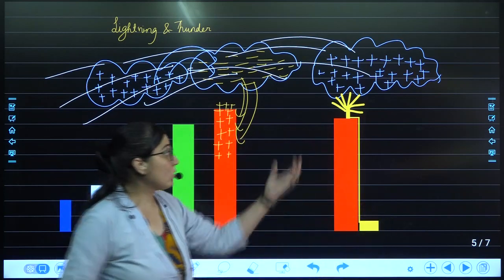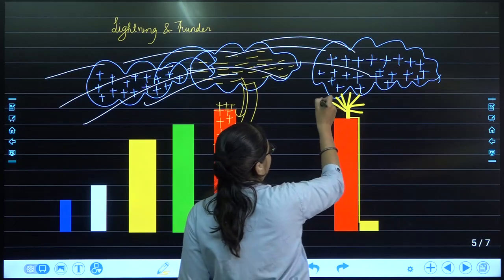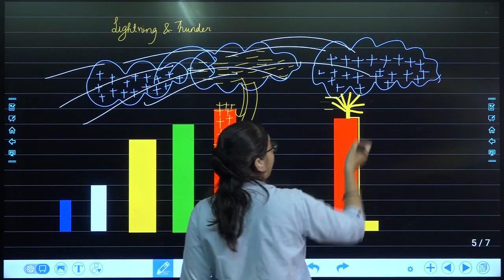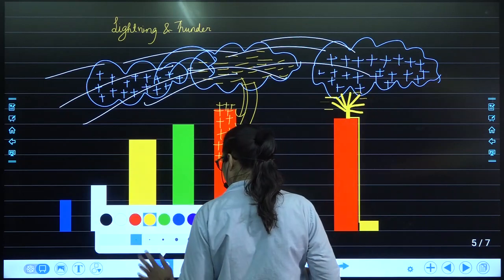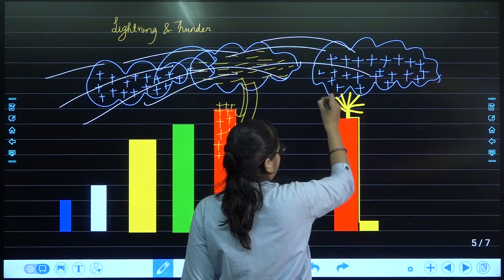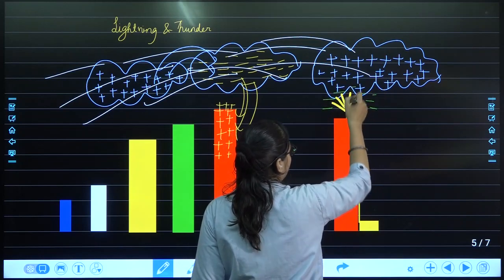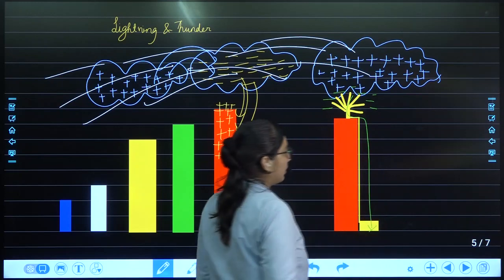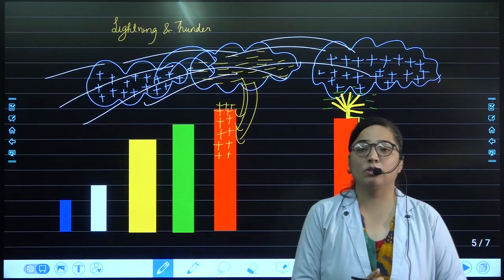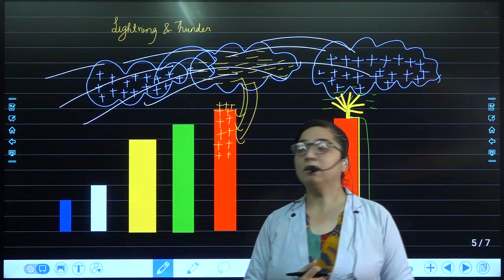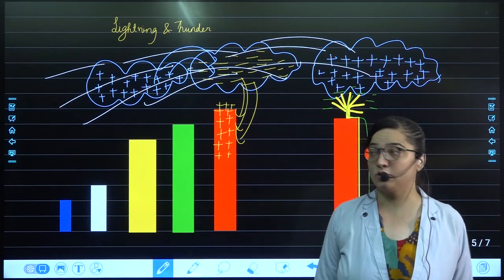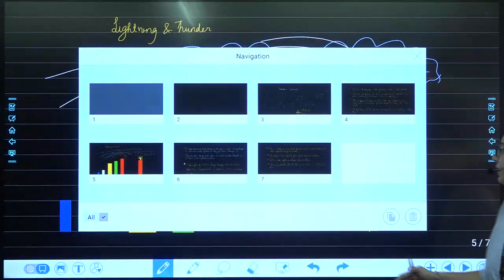Now what will happen? Opposite charge, that is the negative charge, will get developed over here. Now all this charge that will come will directly flow through the ground, and this is how earthing happens. Directly all the extra charge is sent to the mother earth, and the tall building will become safe. Okay, so I hope you have understood the concept of the lightning conductor.